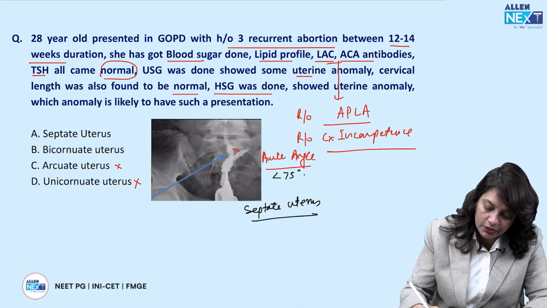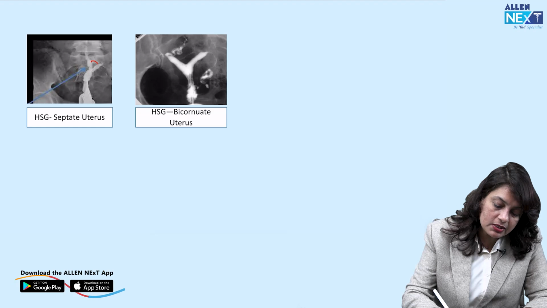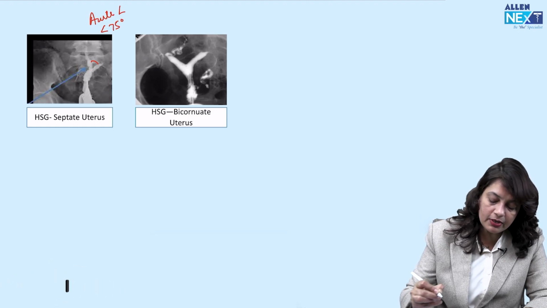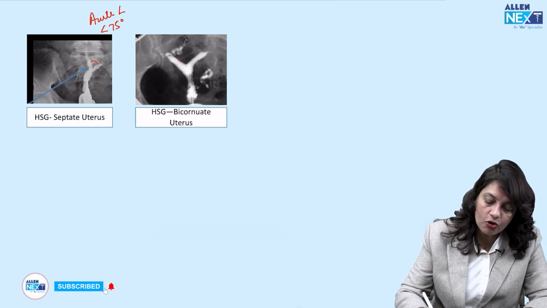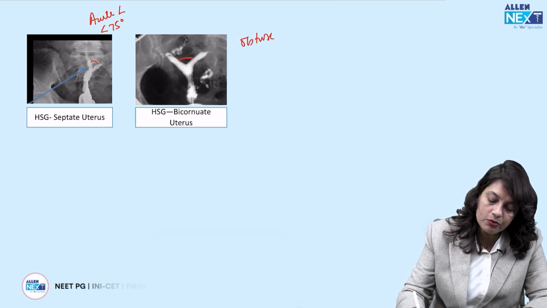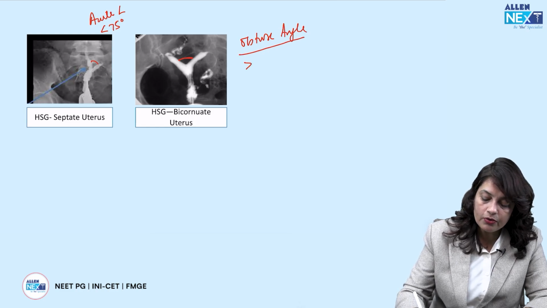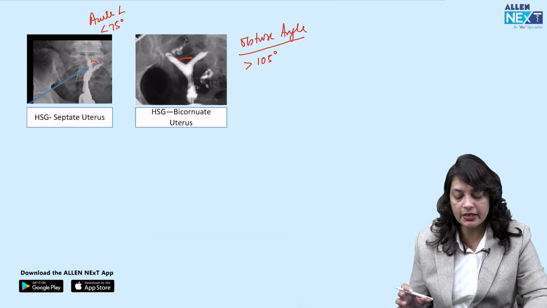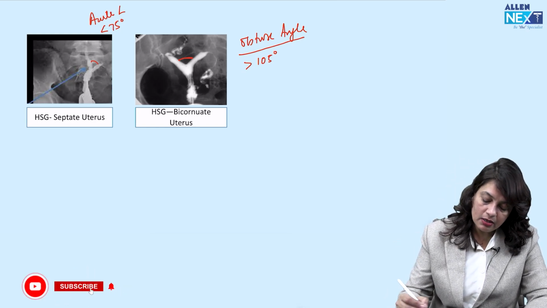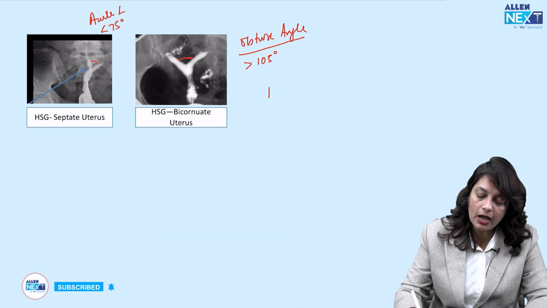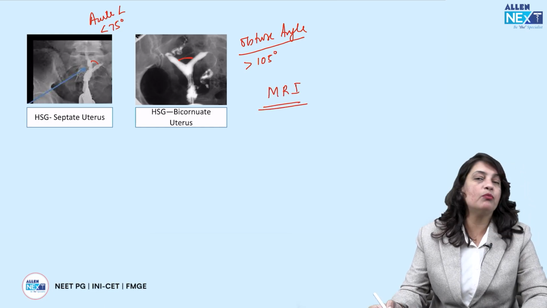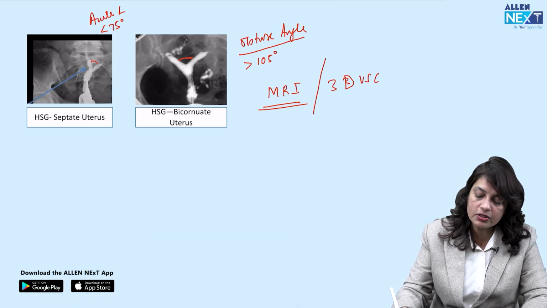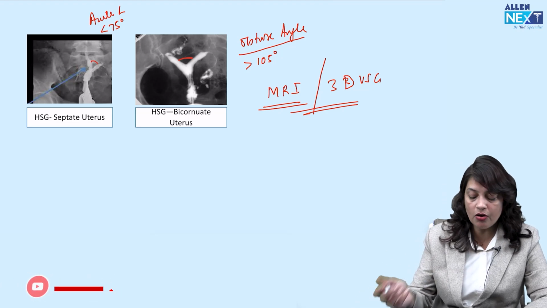So the difference between the two is that in the septate uterus the angle is acute, around 75 degrees, whereas in the bicornuate uterus it is an obtuse angle of 105 degrees or more. That is the differentiating feature. Nowadays the modern modality to diagnose Mullerian duct anomalies is an MRI scan, or 3D ultrasound is fair enough. That is the investigation of choice.